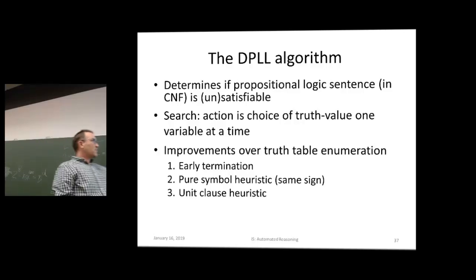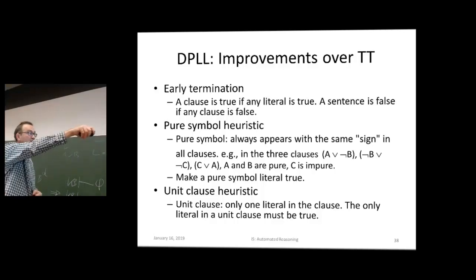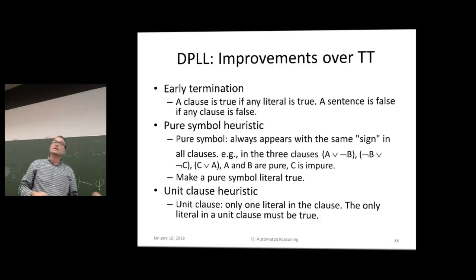So this is, in summary, really the essence of the improvements. The early termination is, as I said, that if any clause is false, the sentence is false, and so forth. The pure one is where you have the same sign, as it's called, and the unit clause is the one where you have only one literal in a clause.